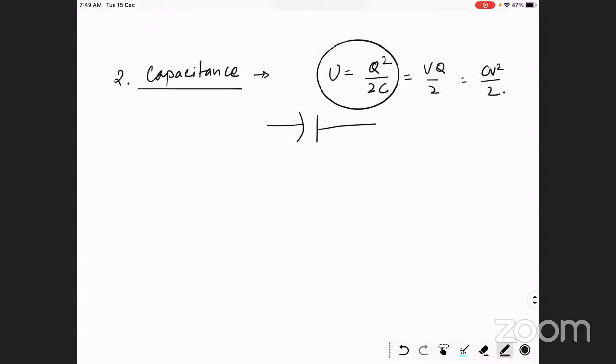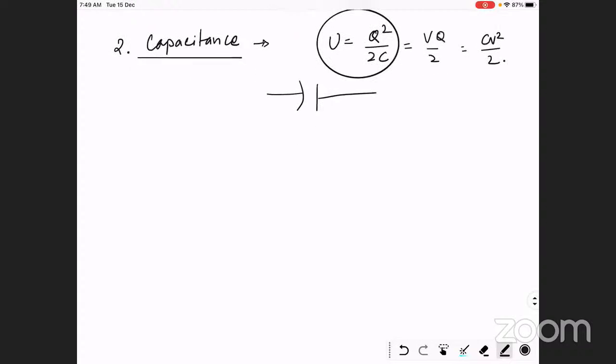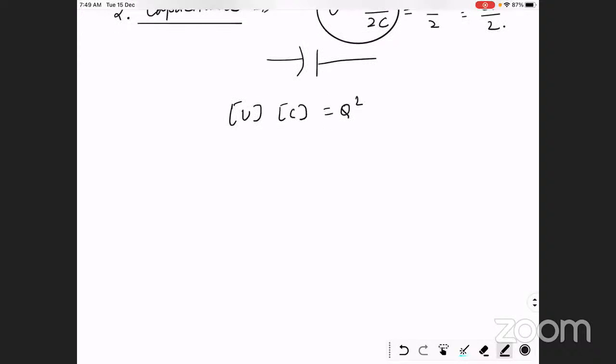It will give you the direct dimensional formula of a capacitor. Fastest way. You can ignore 2, it's a dimensionless constant. U into C is equal to Q square. So U is energy, ML2T minus 2. C we don't know. Q square means A square T square. Understood?